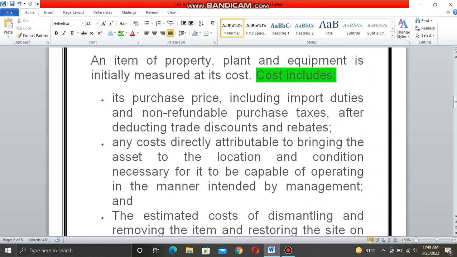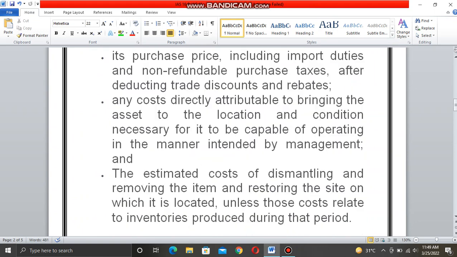When you import it, when you purchase it, you have to bear some cost and non-refundable purchase tax. So you have to give an amount of tax to the government for that purchase, after deducting trade discounts and rebates. Any cost directly attributable to bringing the asset to the location and condition necessary for it to be capable of operating in the manner intended by management.